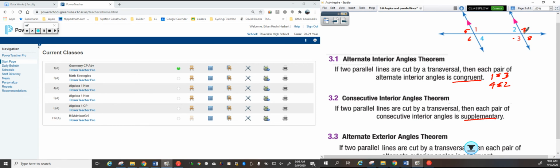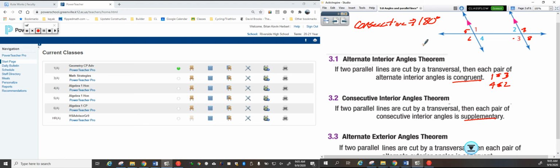Now here's the catch to this. Listen. Whether we're talking about alternate interior, alternate exterior, corresponding, consecutive interior, consecutive exterior, if it begins with the word consecutive, they are always, always, always supplementary. Consecutive is always supplementary. Everything else is congruent.